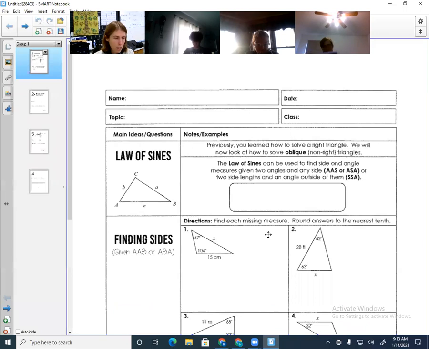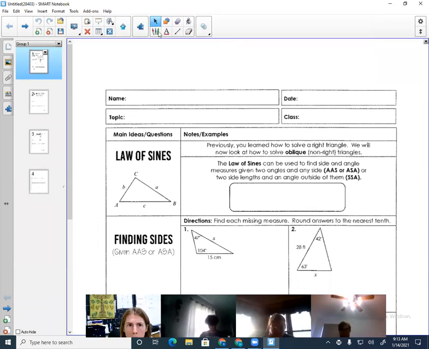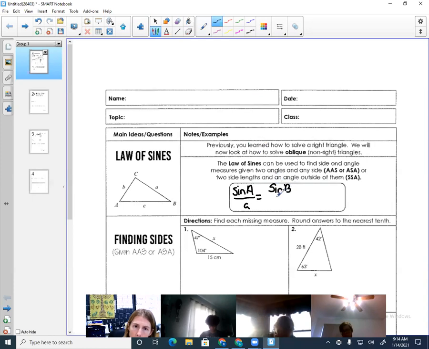All right, today, the biggest thing you guys make sure you have down before you get started is the formula over here, our law of sines. Make sure you have it. It's sine of A over little a equals sine of B over little b, and sine of C over little c.